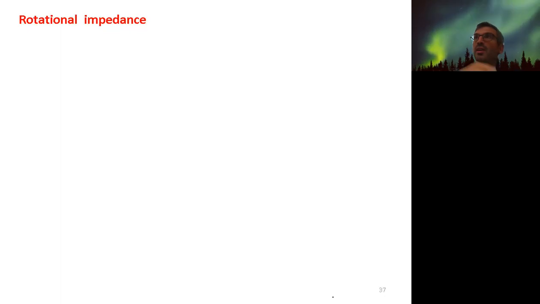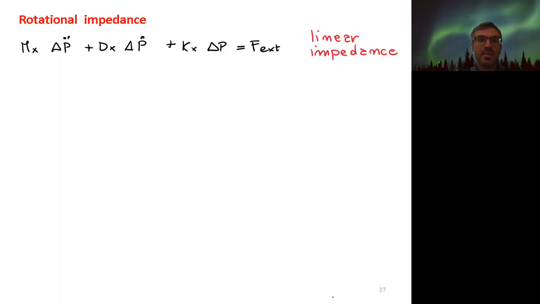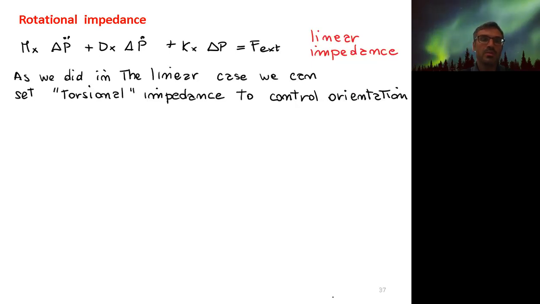In case of the rotational impedance, it is the same as the linear impedance. So we just consider these springs no longer linear but torsional.